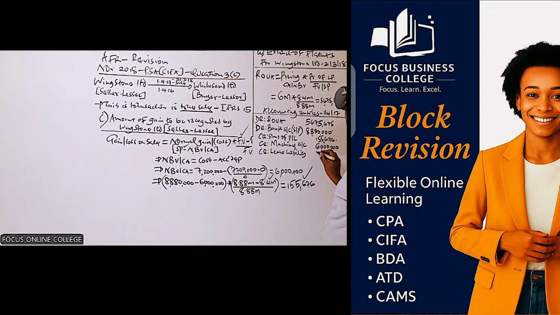The lease liability with what? With the amount which you have computed here. 56.75. No, that is the right of use asset. Okay, the lease liability is this one, which is 8.4.